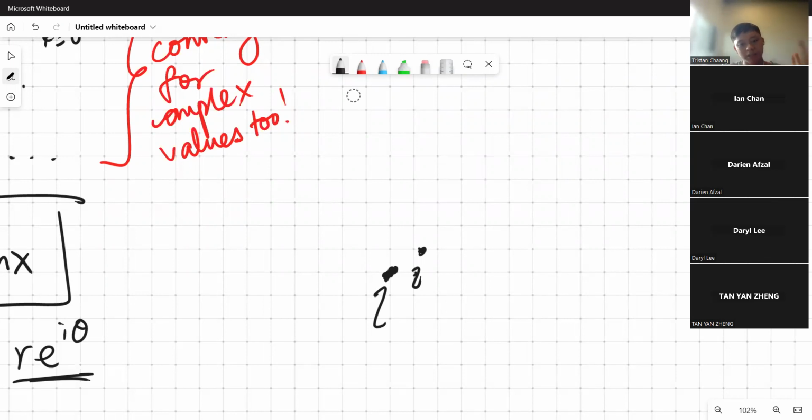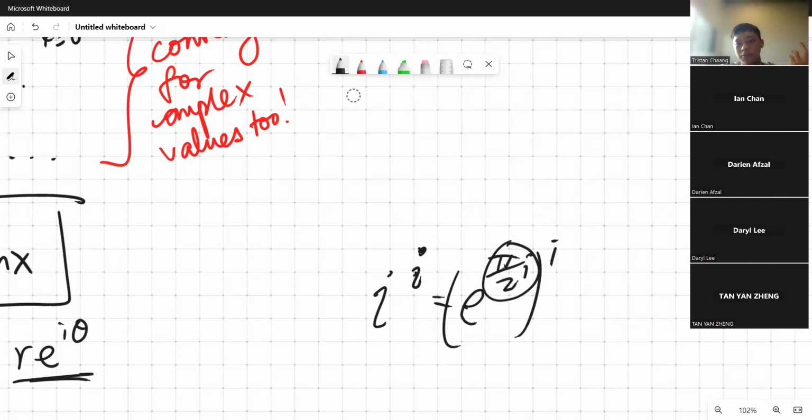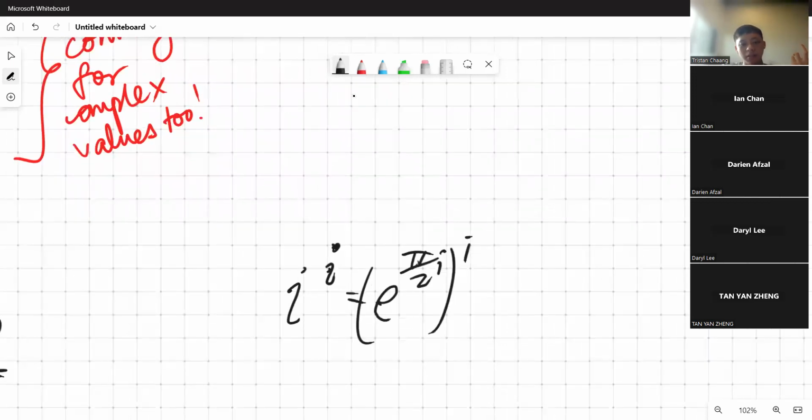But for a general complex number, how do you define its ith power or its x power? In fact, it's a very hard thing to do, and some people say that i to the i is e to the pi over 2i, and then power i. Well, pi over 2i because the argument is pi over 2, right? And then they say this is e to the minus pi over 2. So this is wrong for many reasons.